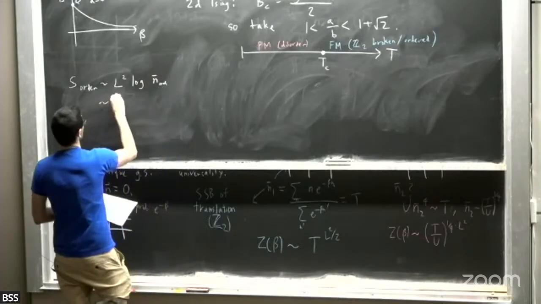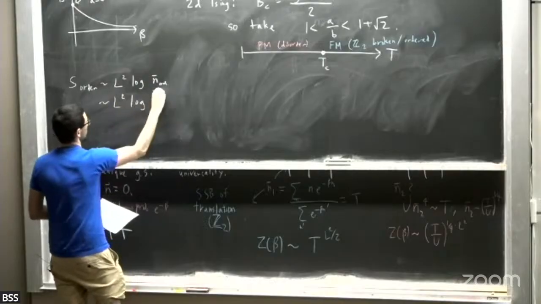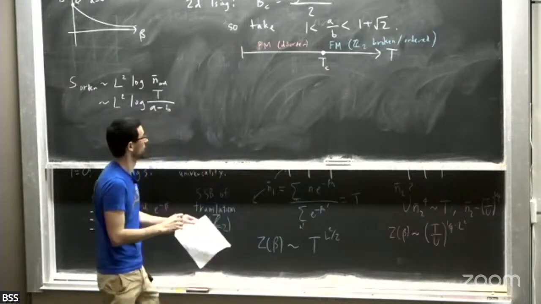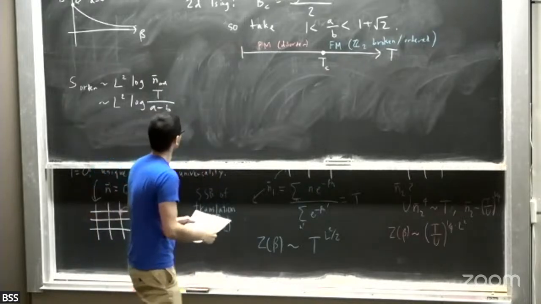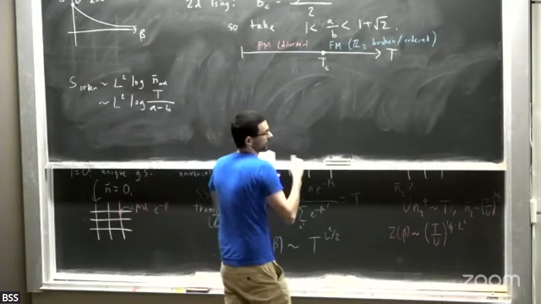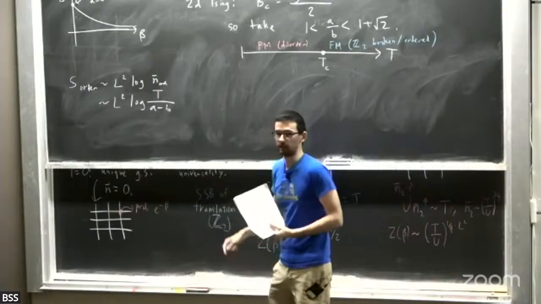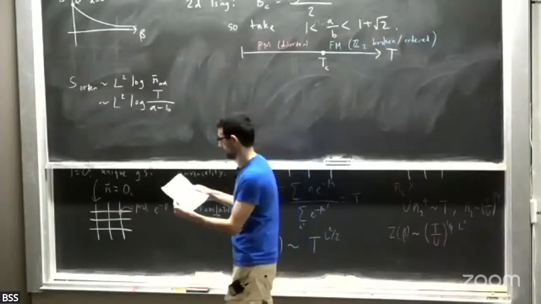And this is L squared log T over (A minus B), crudely speaking. This is the typical number of bosons that we've excited. And the A minus B is because if most spins are aligned, then that's the typical cost to create a single boson.